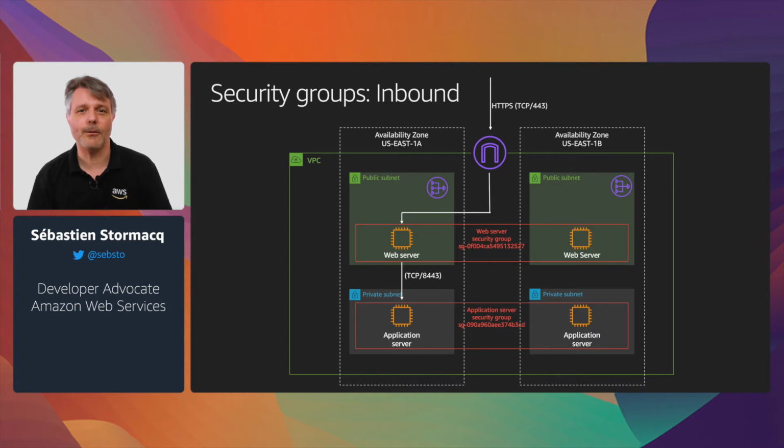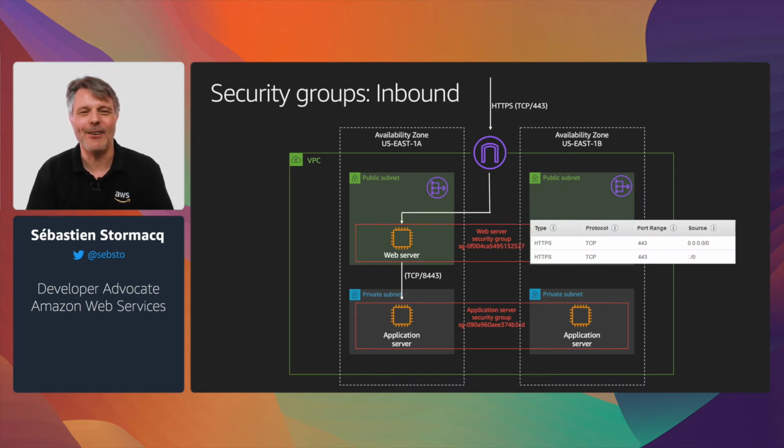So if you want to authorize a connection to your instance, you need to open a hole in the shield. You need to configure the security group to actually authorize connection to a specific TCP port and from a specific IP address or range of addresses.